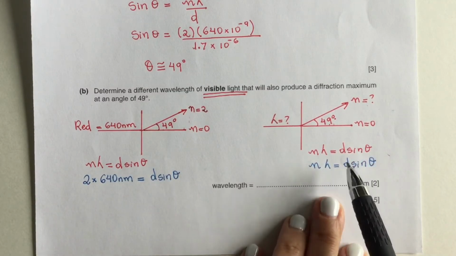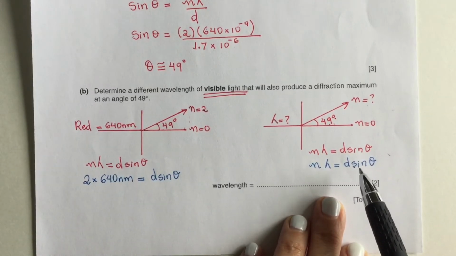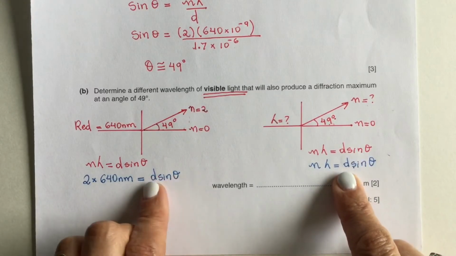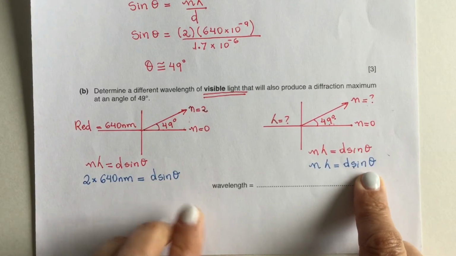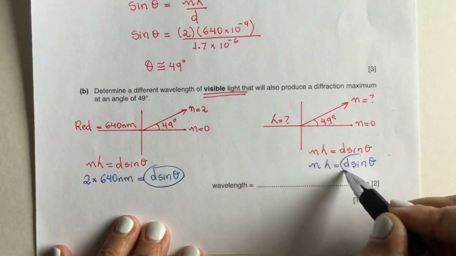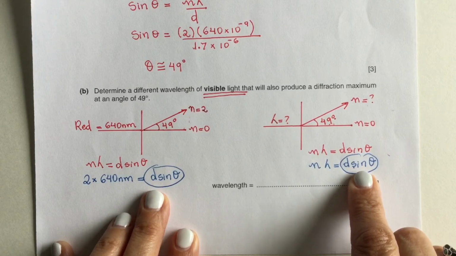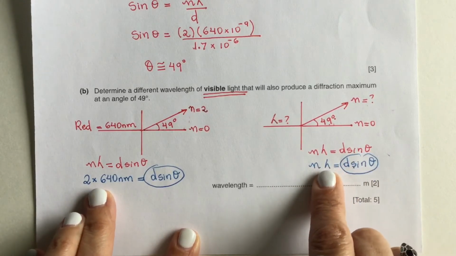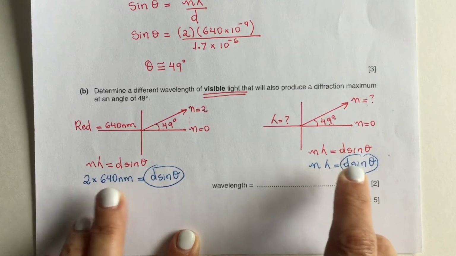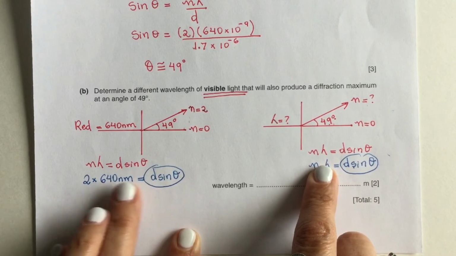So d, which is the line spacing on the diffraction grating, didn't change. And the angle is also the same. So we can use this information right here because both are equal. So we can make these two sides of the equation also equal.